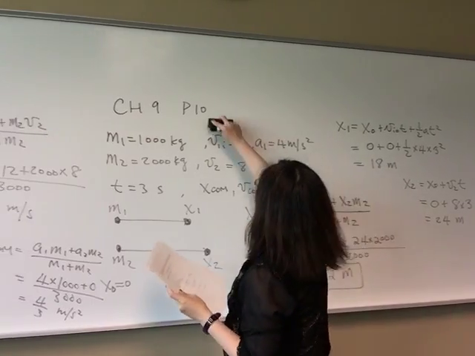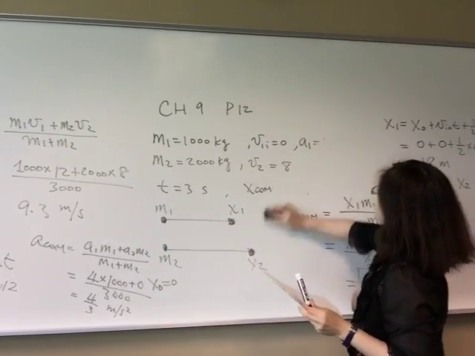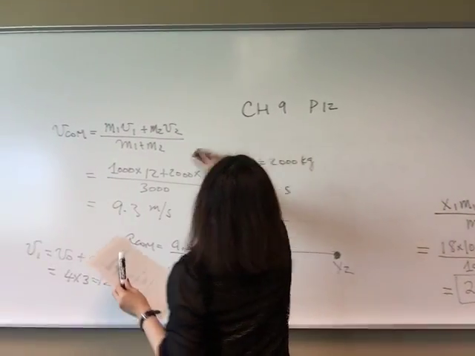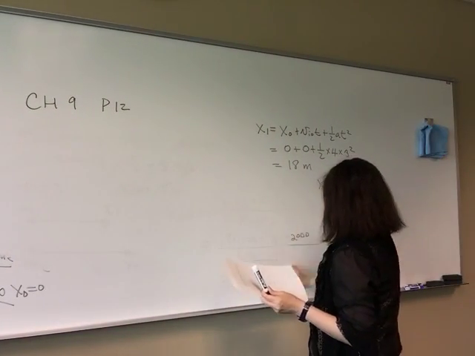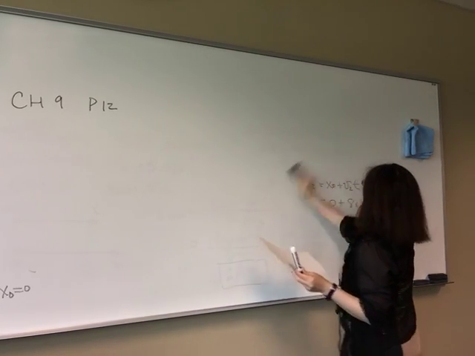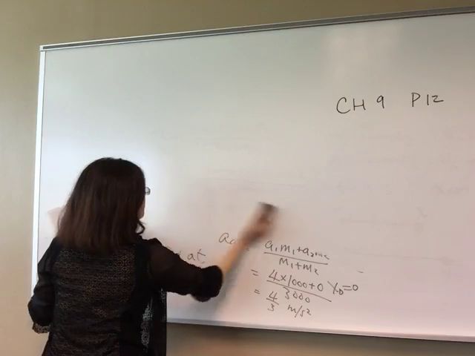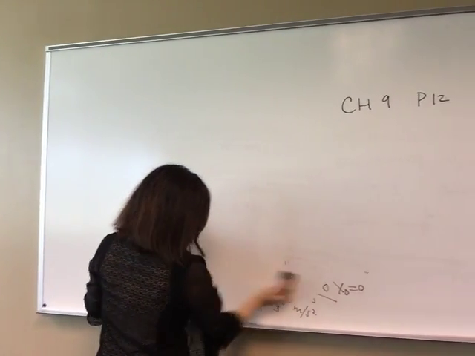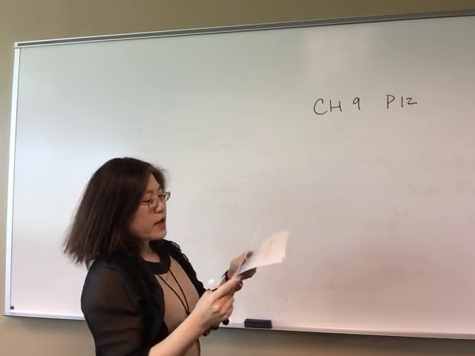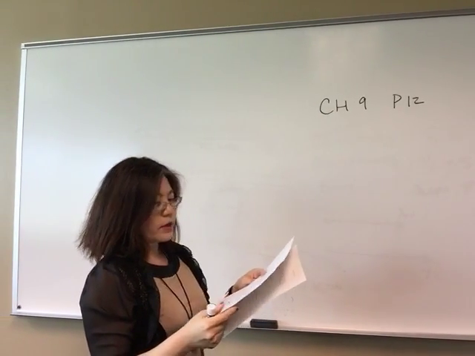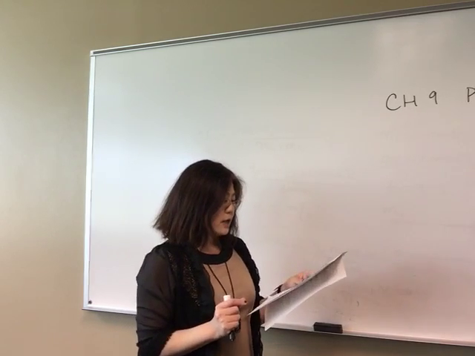Now we're going to do problem 12. Two skaters, one with a mass of 65 kilograms and the other with a mass of 40 kilograms, stand on an ice rink holding a pole of length 10 meters and negligible mass.